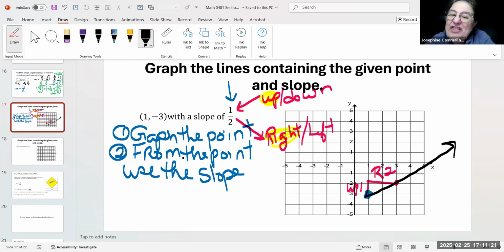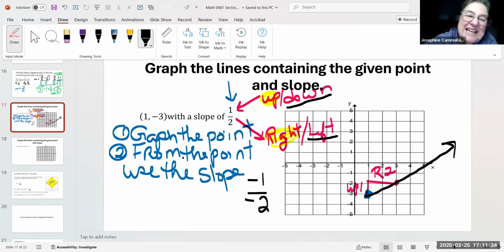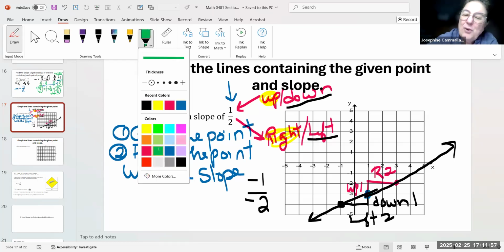But I've got to go the other direction. Because remember, down 1 is -1. Left 2 is still the fraction +1/2. So down 1, left 2. And you're going to notice I have 3 points on my graph.